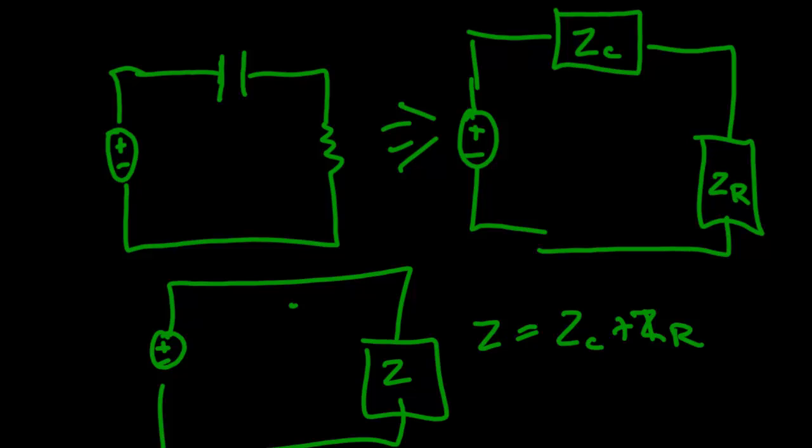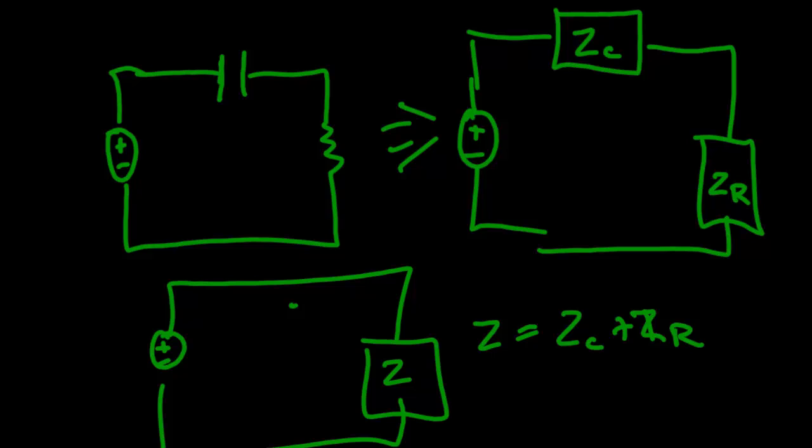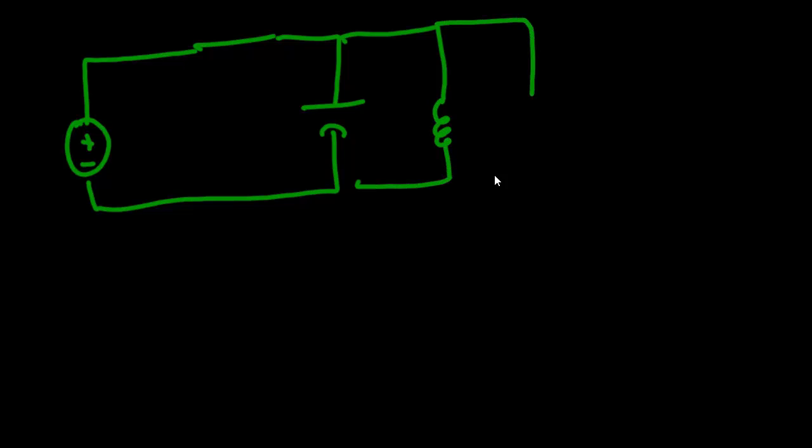But if we wanted to go in parallel, hold up real quick. So that we had another voltage source, a capacitor, and an inductor, and then a resistor.